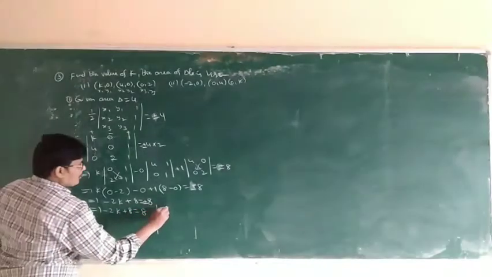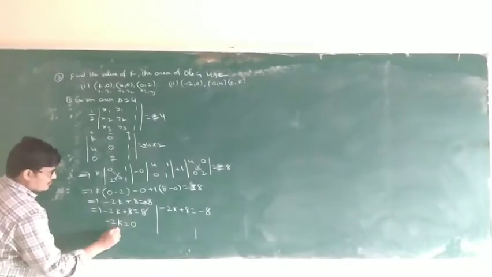So minus 2k plus 8 is equal to plus 8, and minus 2k plus 8 is equal to minus 8. Two values, plus or minus. So 8 and 8 cancel. Minus 2k is equal to 0. So k is equal to 0.